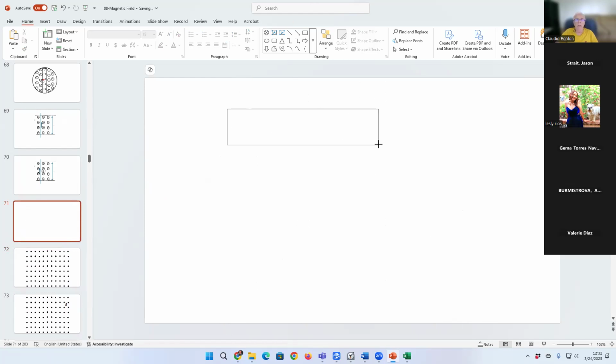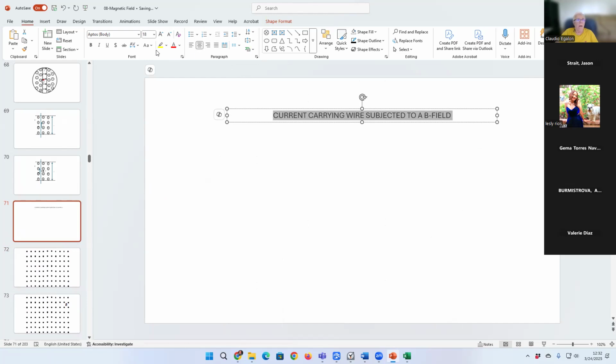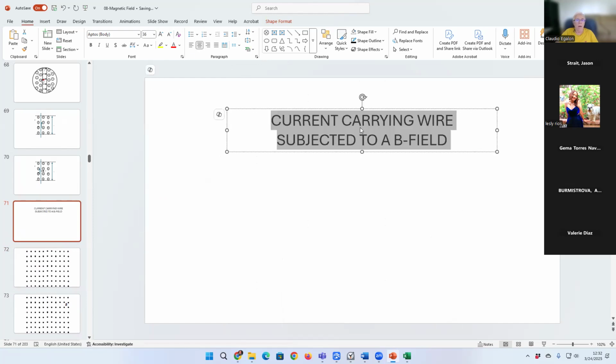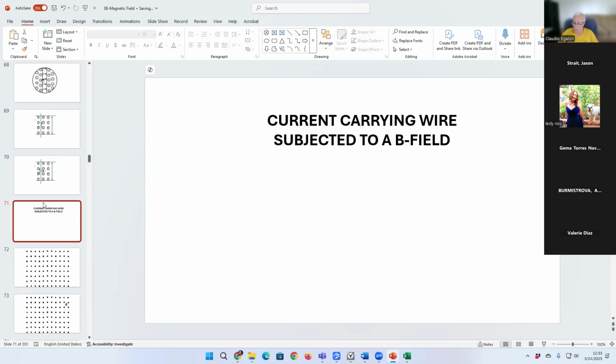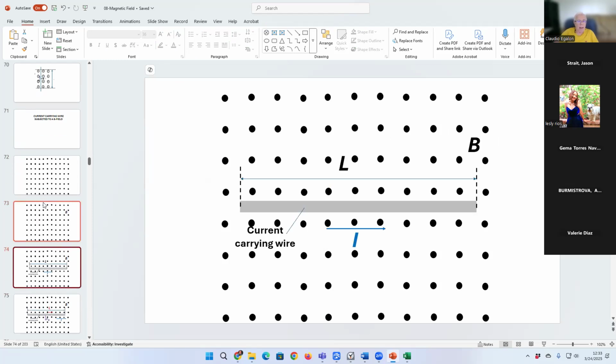Here you go: current carrying wire subjected to a B field. So we start with the uniform B field. We label it.